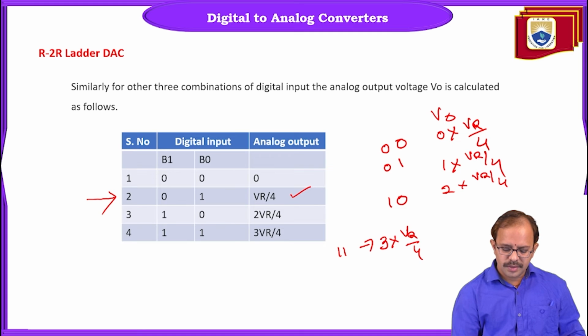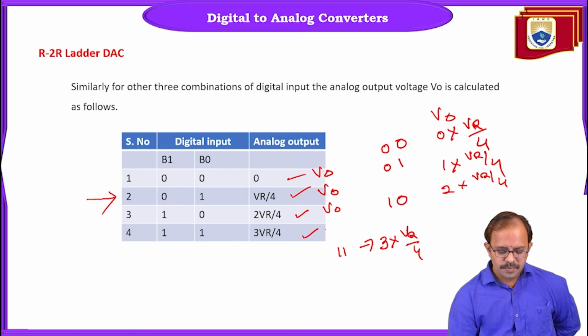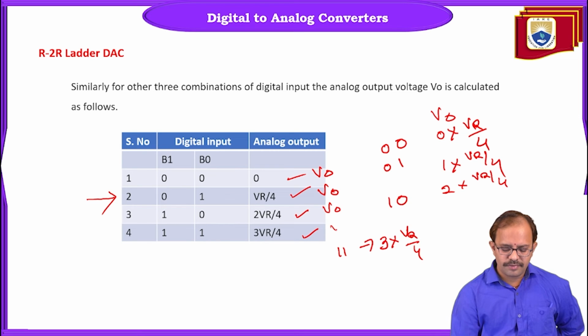So for incoming data 0 0, the output voltage V0 is 0, and for 0 1 the output voltage is VR by 4. For 1 0 the output voltage is 2 VR by 4, and for the last sequence 1 1 the output is going to be 3 VR by 4.